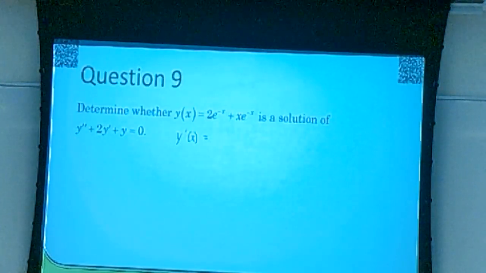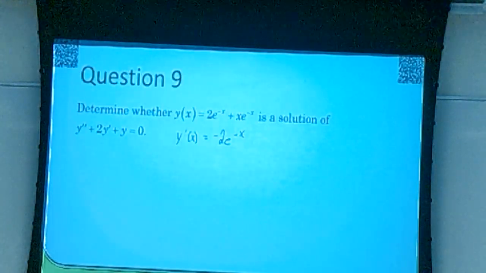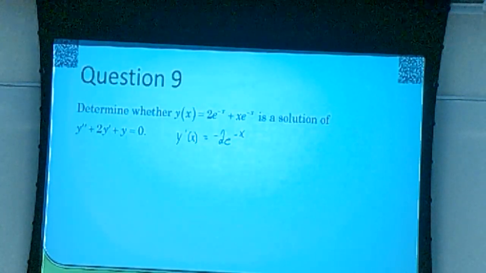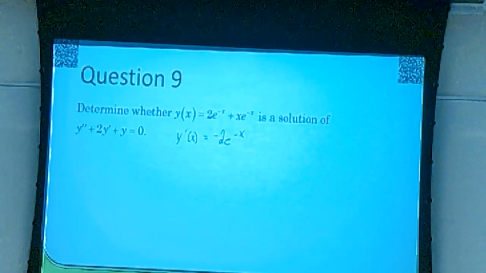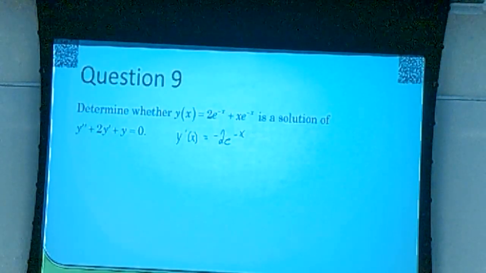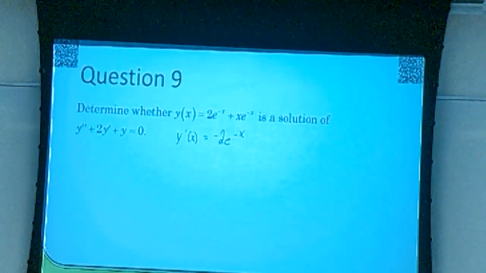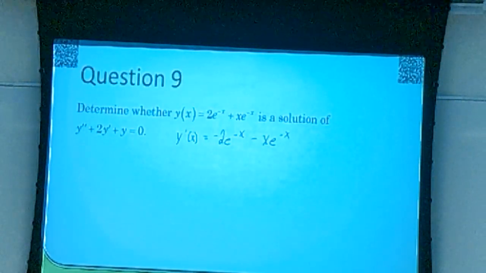Is it minus x e to the negative x? Plus e to the power of the negative.